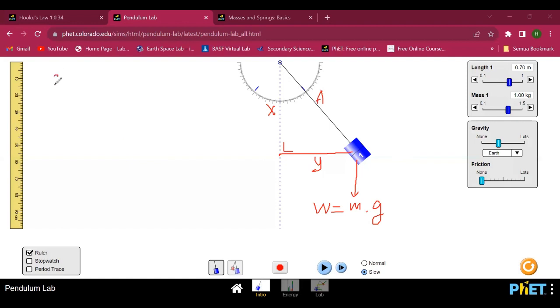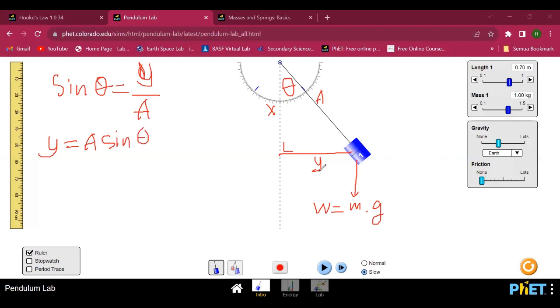Mathematically, if this angle is theta, sine theta equals y over a. So it means y equals a sine theta.